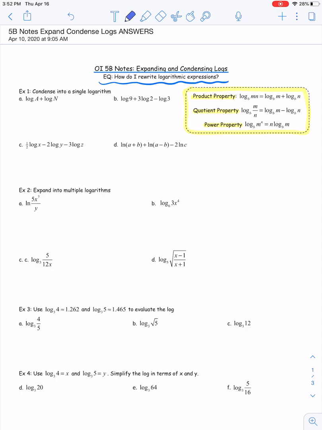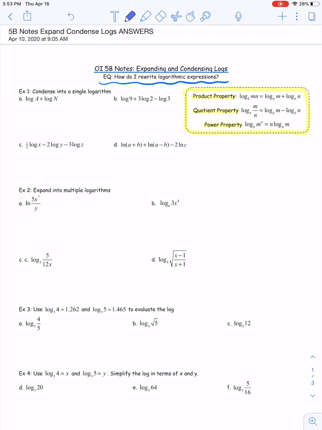So if I have two logs with the same base and they're being added together, then I can multiply those two arguments together. So let's look at example 1 part A. I have log of A plus log of N. The bases for both of those logs are 10. Remember, that's the common base. And so the arguments are different.